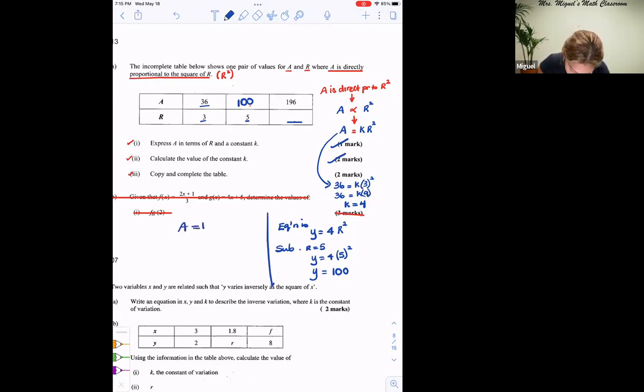A is 196. So 196 is equal to 4R squared. So we make R the subject. Divide both sides by 4, and to get rid of the square, find the square root. Go ahead.